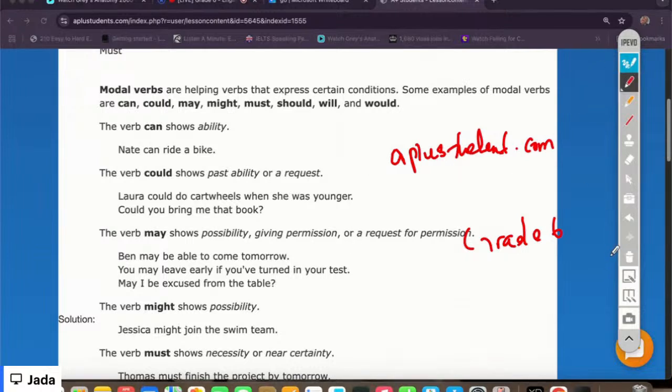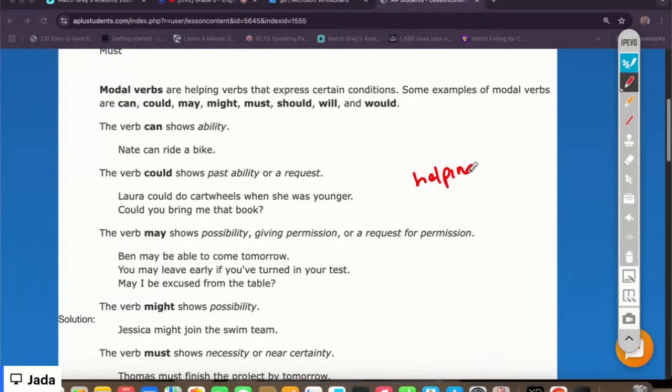Alright, so we'll start now. Modal verbs are helping verbs, okay? One thing you need to note is that they are helping verbs that express certain conditions.